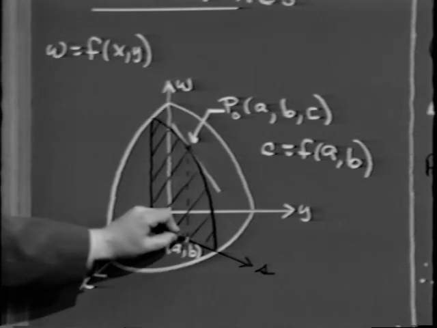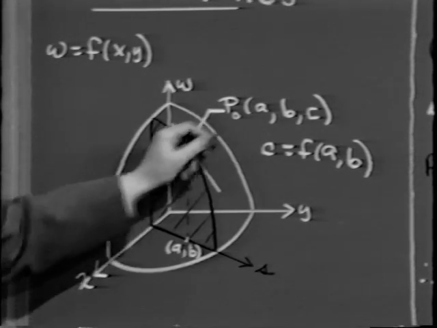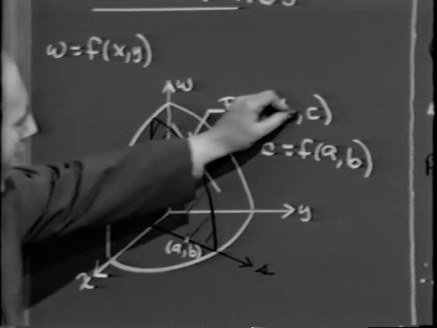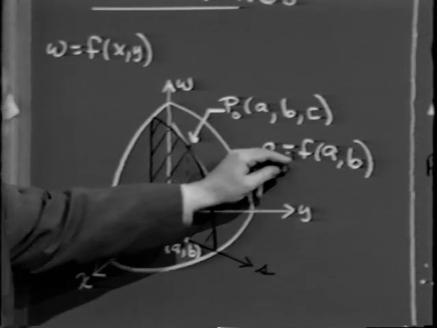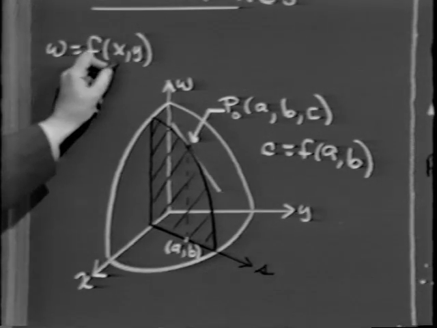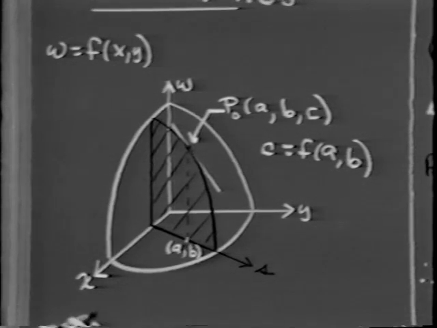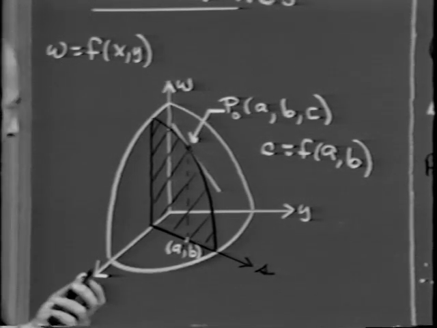And at that particular point, I go to the corresponding point on the surface, which I call P0, which has coordinates A, B, and C, where C is simply f of a comma b. That, of course, is how you graph a function of 2 independent variables. The w coordinate, so to speak, is simply the functional value of the x and y coordinates.